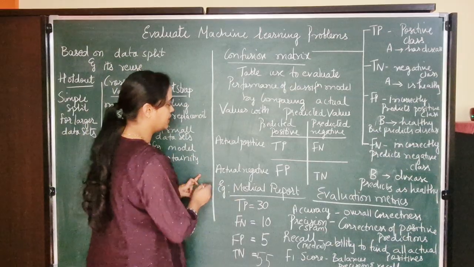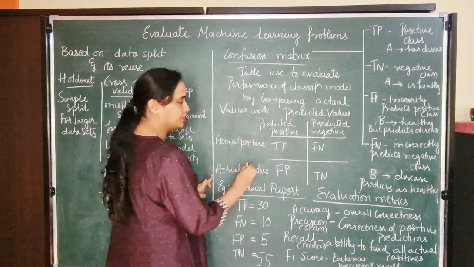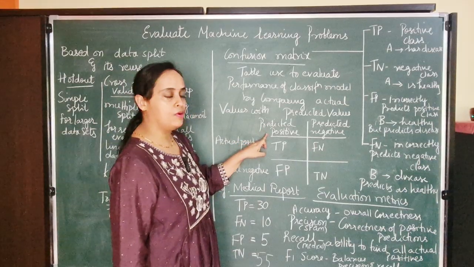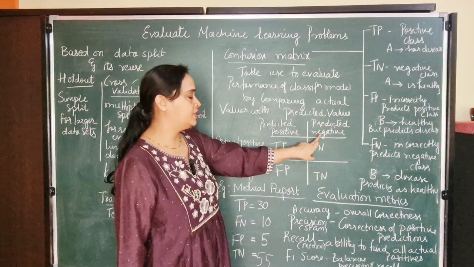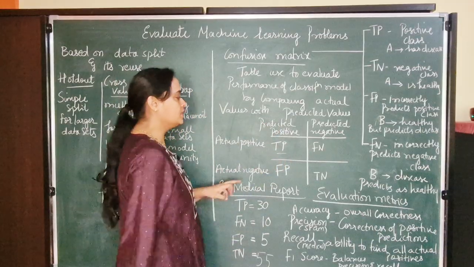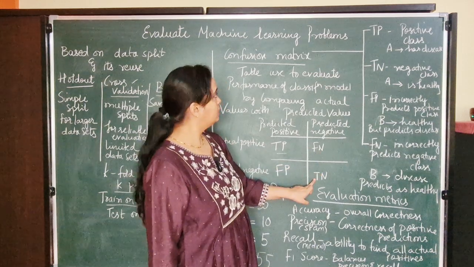The table goes like this: actual positive, actual negative, with respect to predicted positive, predicted negative. The values we are representing here are TP, FN, FP, TN.